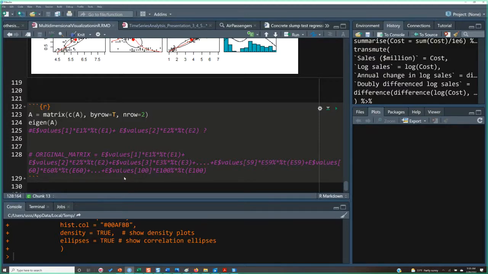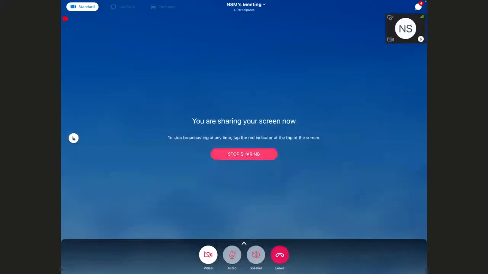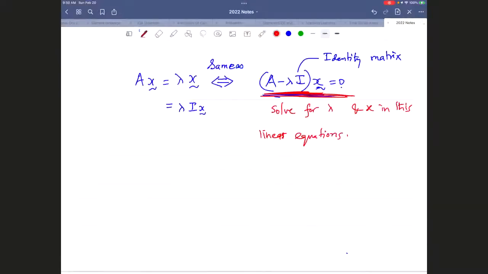So what we want to conclude here is the following. A x equals lambda x.